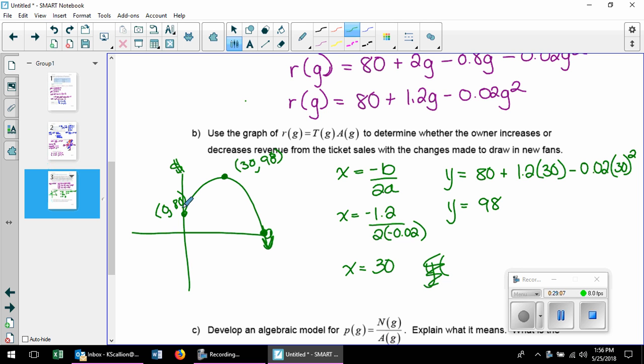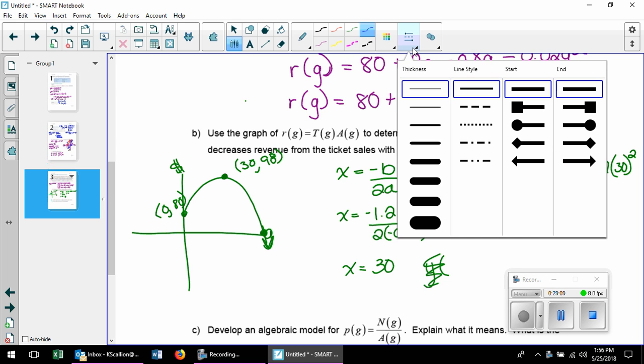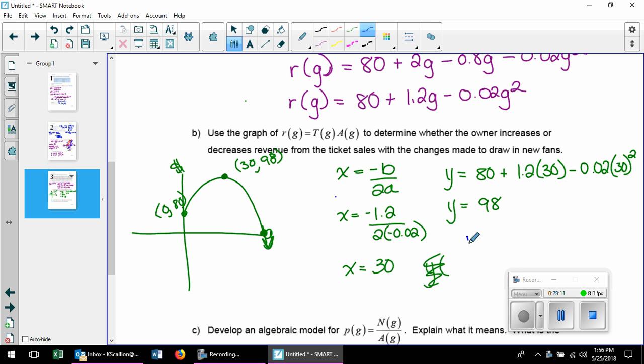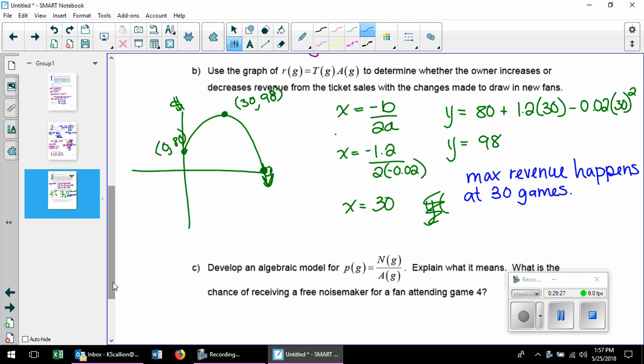Okay, what's a certain point? So max revenue at 30 games. What happens after that? What happens after this point? What happens to my money?